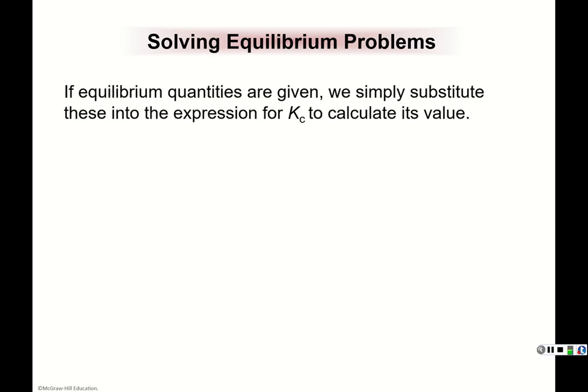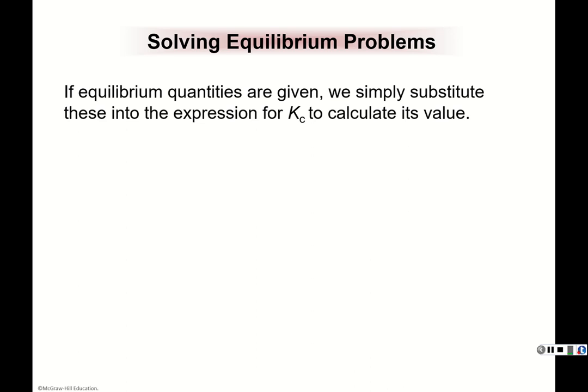Okay, so solving equilibrium problems. If equilibrium quantities are given, which is the easiest example, you simply substitute those into the expression you have for the equilibrium constant or for the reaction quotient, and calculate its value.